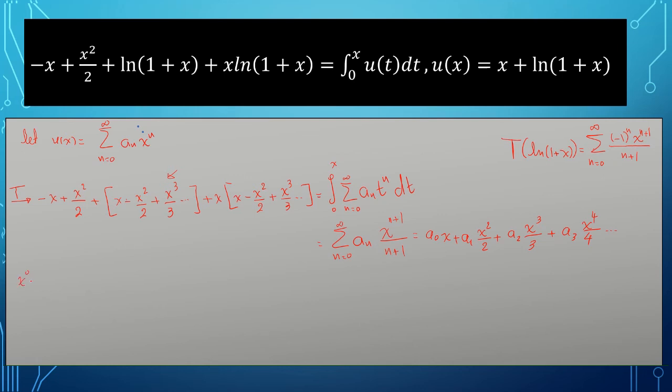So for x^0, or x raised to 0, we have 0 equal to 0 because there is no coefficient of x raised to 0, so it's as if there is 0 multiplied by x raised to 0 here, okay? And on the other side, there is also nothing multiplied by x raised to 0, so 0, and the equation is right.